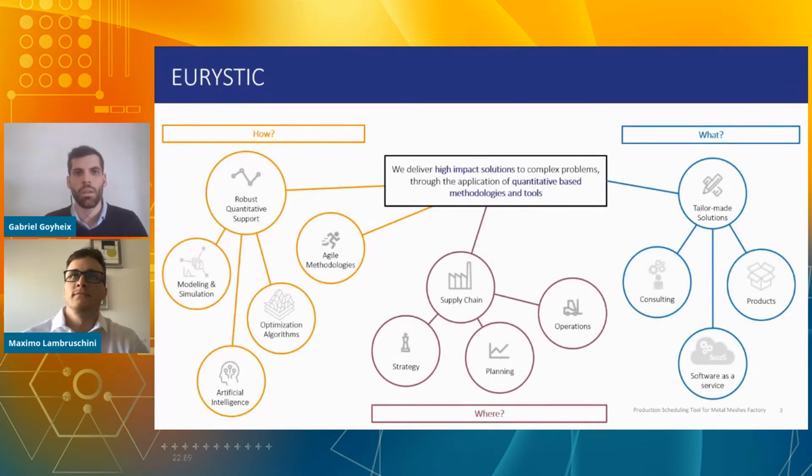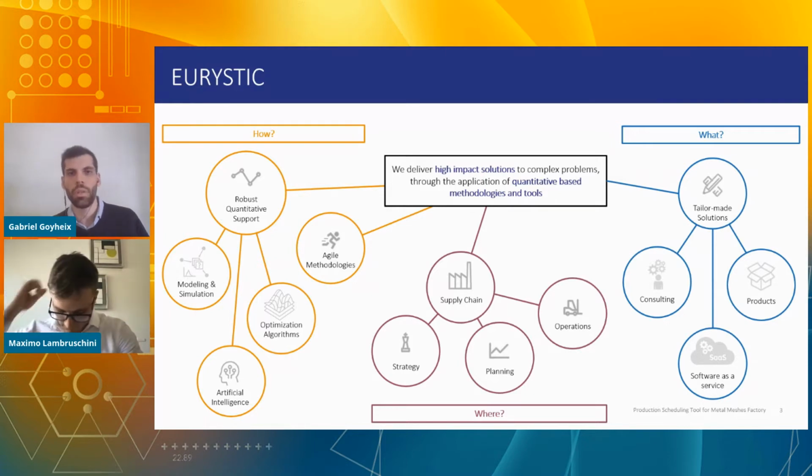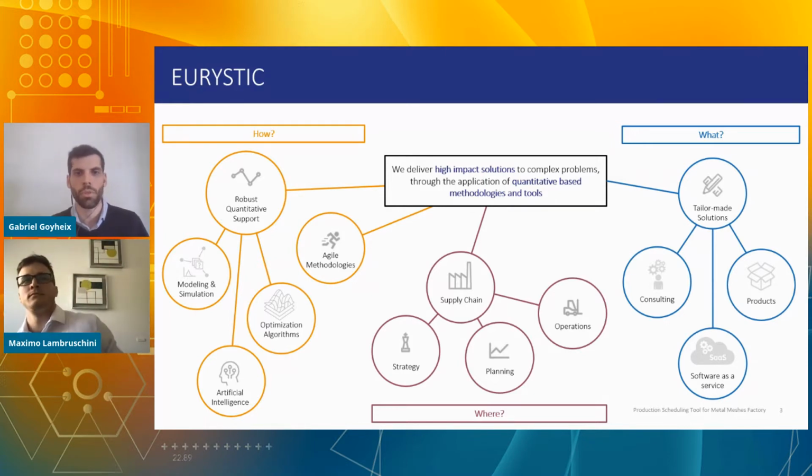We are Heuristic and we develop high-impact solutions to complex problems. We seek to help companies continually improve their operations using the latest analytical methodologies, allowing them to make a leap in quality and performance. We mainly develop software and provide consulting services using robust quantitative support, that is applying modeling and simulation, optimization algorithms, or machine learning, some of these or a combination of these, depending on the problem to solve.